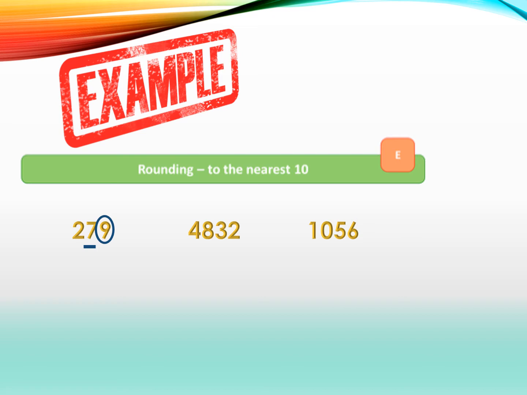If it is a weak number, the 7 will be the same. The strong numbers are 5, 6, 7, 8, 9. So 9 is from the strong numbers, it will give 7 one more. The 7 becomes 8 and 9 becomes 0, and the number before tens will be the same, 2. So the number after approximation will be 280.